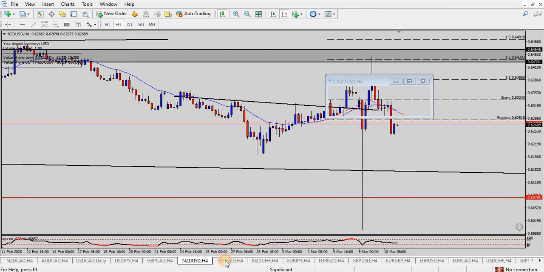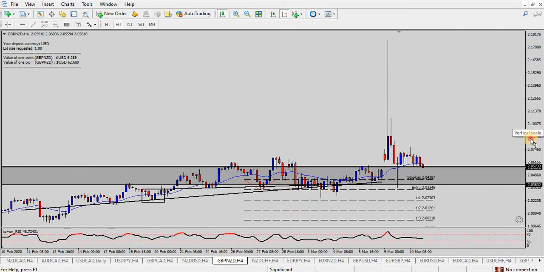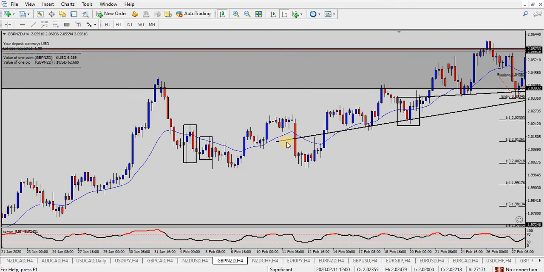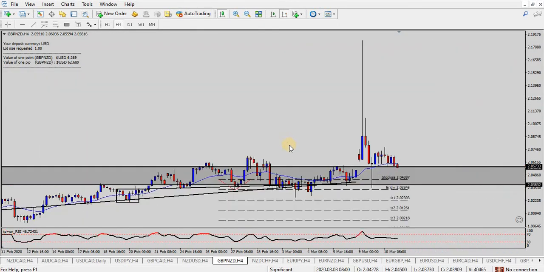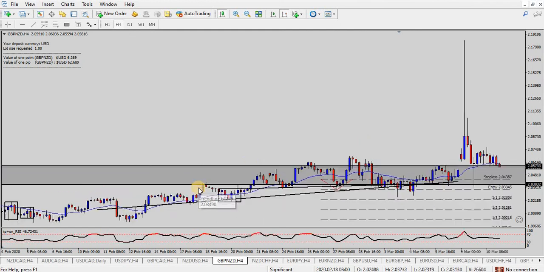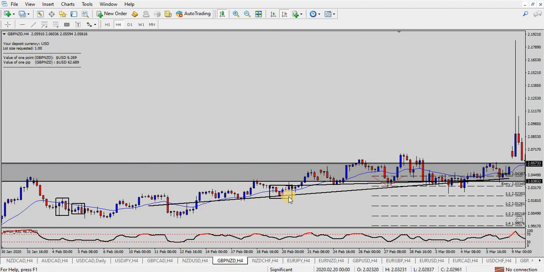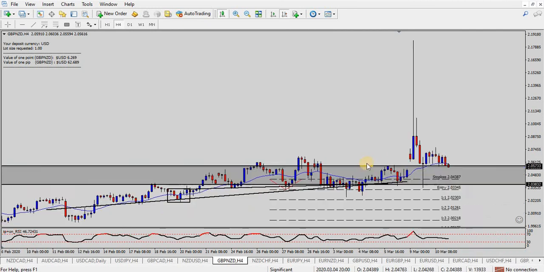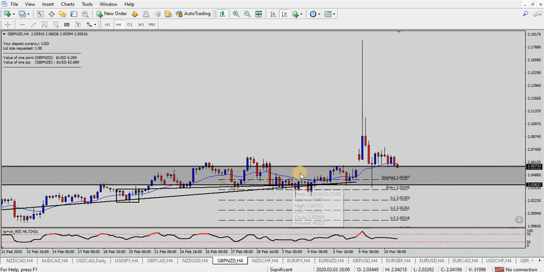Move on to GBP NZD. Because of this huge candlestick formation right there, if you use MT4 you would understand, believe me, we can't really see what's happening in this area so well. But I was playing the 1, 2, 3 wave, that significant wave that I was talking about in my last video.